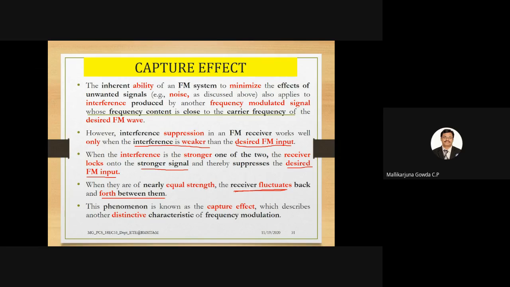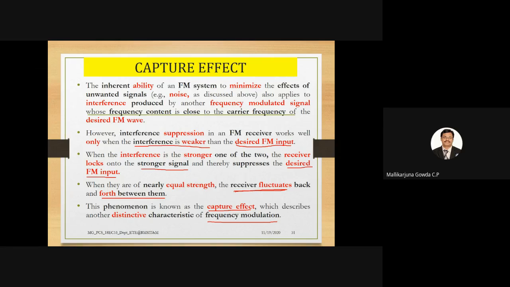That 1.1 megahertz FM signal will be interfering with the 1 megahertz signal. If they have equal strength, then what happens? The receiver fluctuates back and forth between those two signals. That phenomenon is known as the capture effect, and this is one of the distinct characteristics of FM. I hope it is clear what the capture effect is.